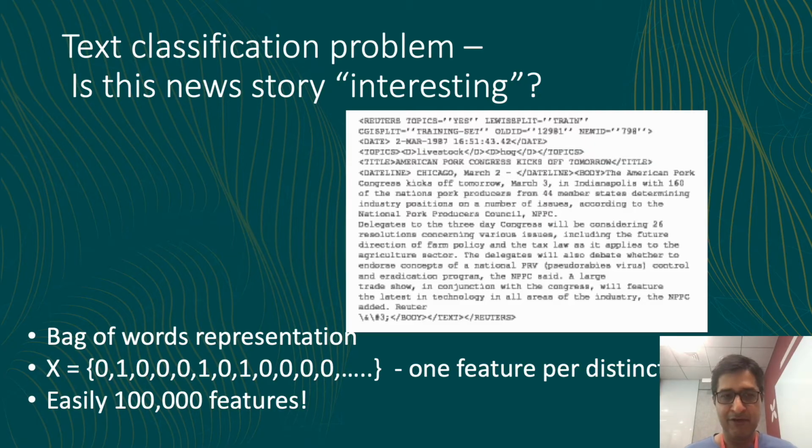You tend to have one feature per word, and essentially what you land up with is hundreds of thousands of features, almost one feature for each word in the English language. And this is when you have not even considered a bigram or a trigram set of features, right?